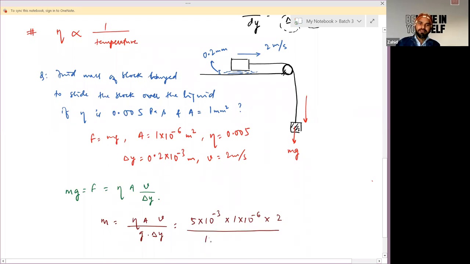Divide by gravity 10, and width is 0.2 mm. So this 2 and this 2 will cancel out. This 10 and this 10 will cancel out. So on rearranging, you will get 5 into 10 to the power minus 6 kg.